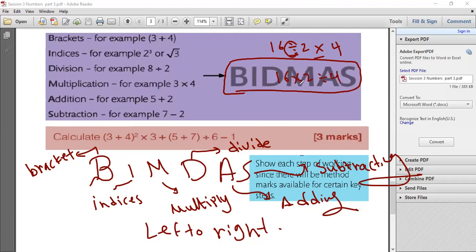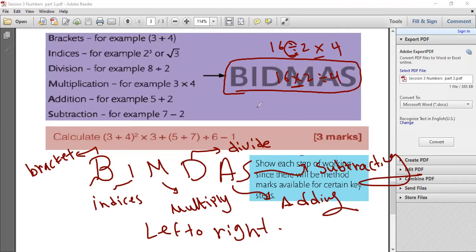Which one's first? The multiplication. So you go from left to right. Whatever you see first, you operate it first. Yeah, because I got confused. You wrote down multiply first, and in the picture it was written division. Actually, it's the same. We go from left to right.